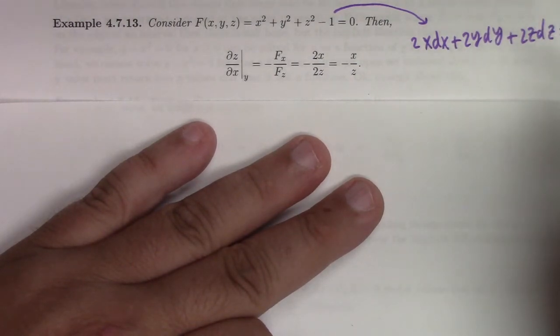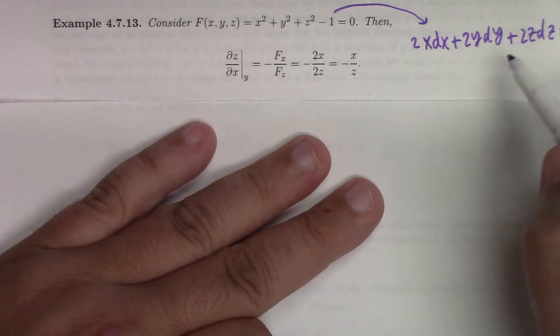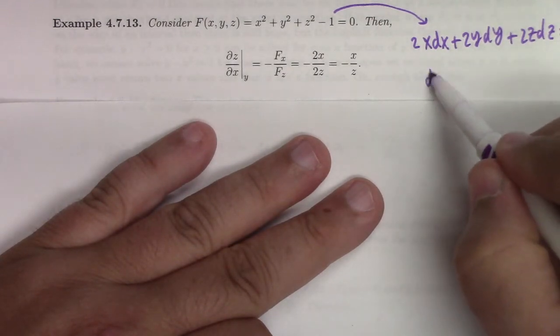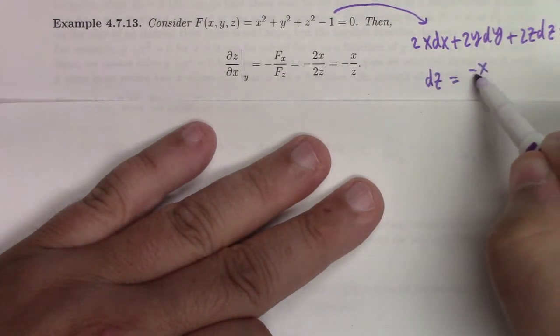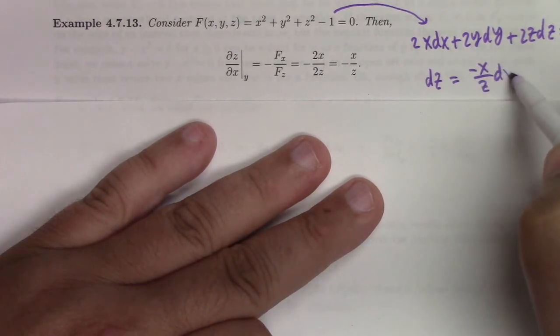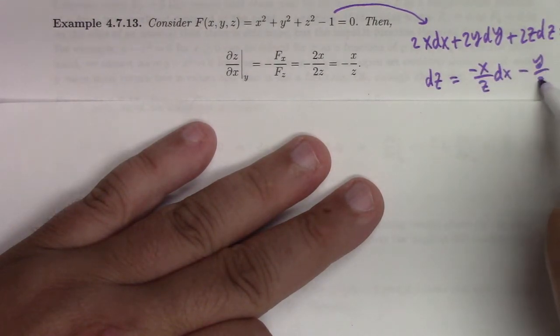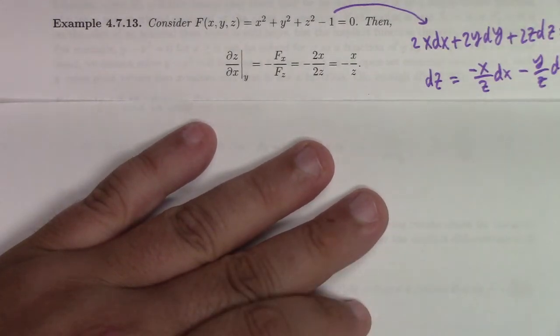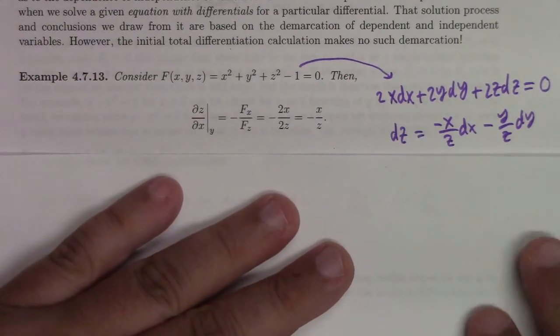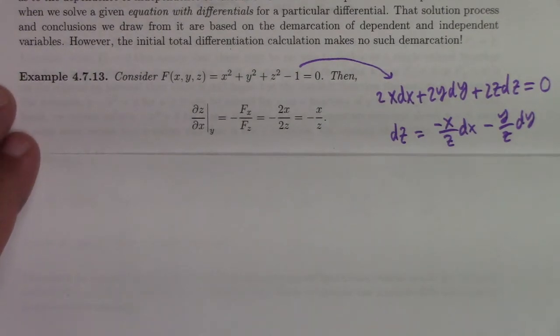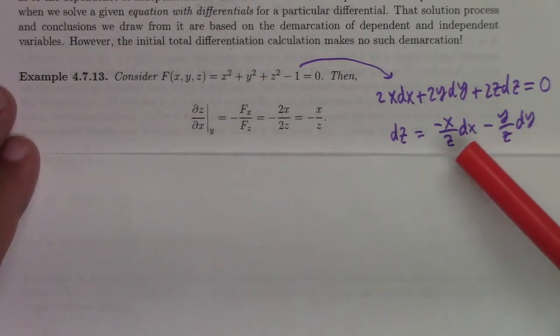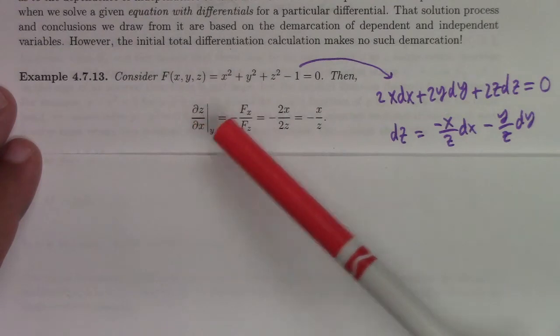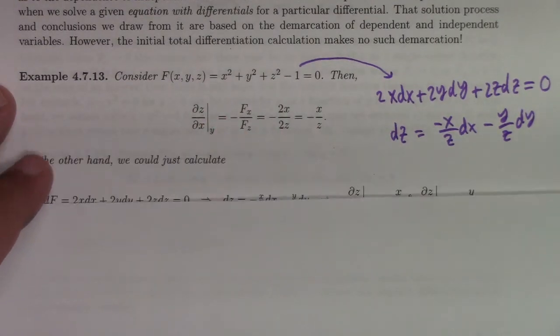But man, I much prefer to look at it like this, and then dz equals minus x over z dx minus y over z dy. And see, from that one little purple calculation right there, I can immediately read off that minus x over z is my derivative of z with respect to x.